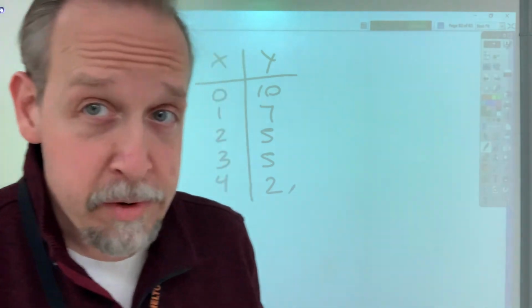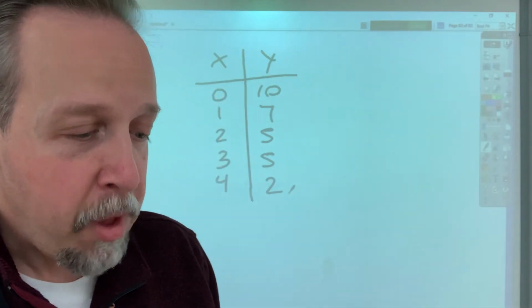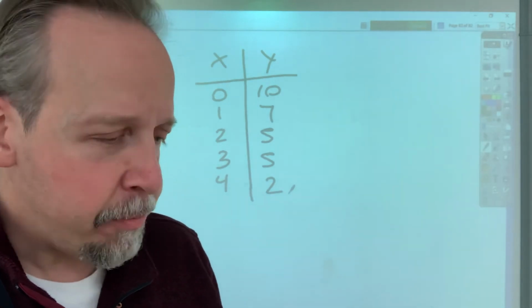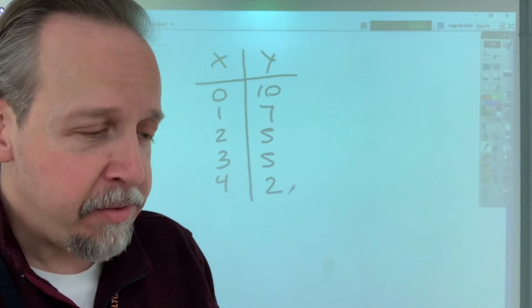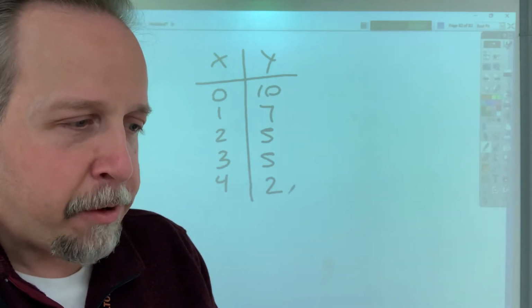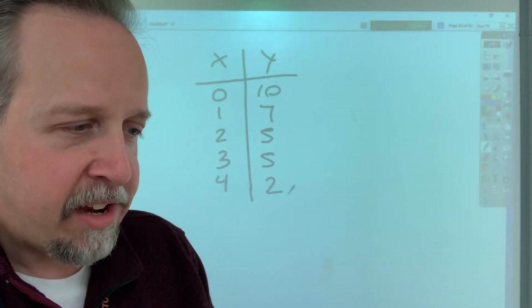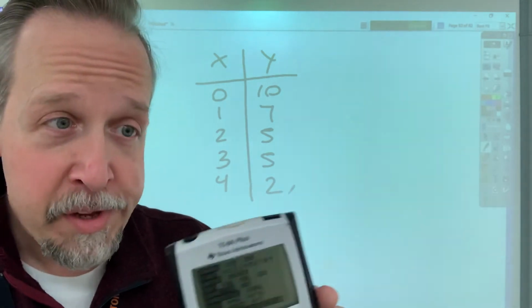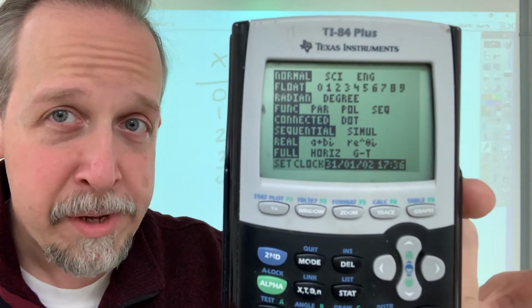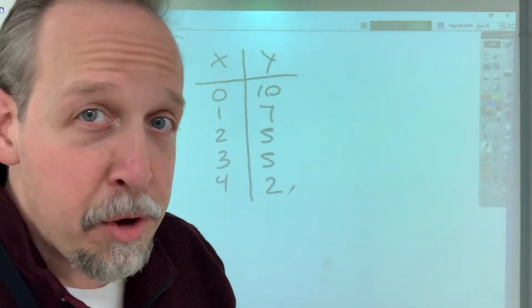How do we do linear regression? I'm gonna show you real quick, all right? First thing I want you to do is make sure that your diagnostics are on. Depends on the calculator you have. Some of you, when you hit mode and scroll down, you'll see where it says Stat Diagnostics and turn it on. I have an older calculator in my hand. It doesn't even show me that, so I can't use that. So if you have an older calculator also, you can't get there with mode.